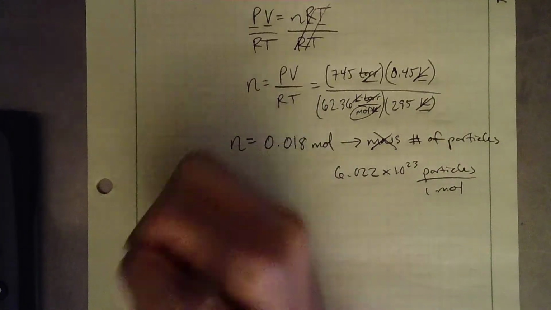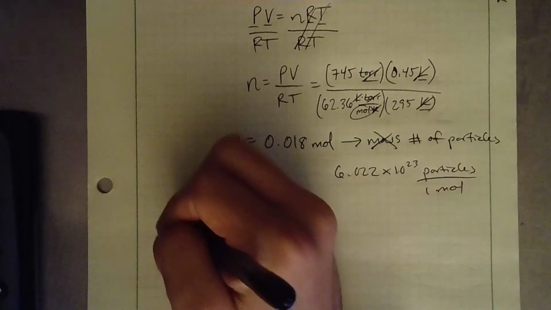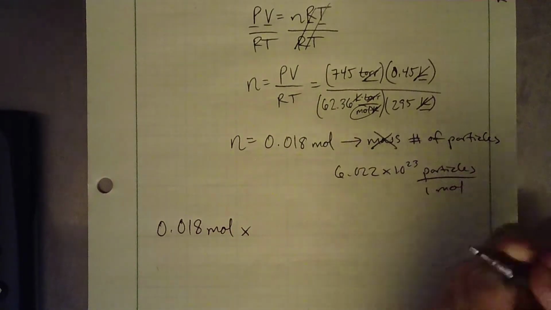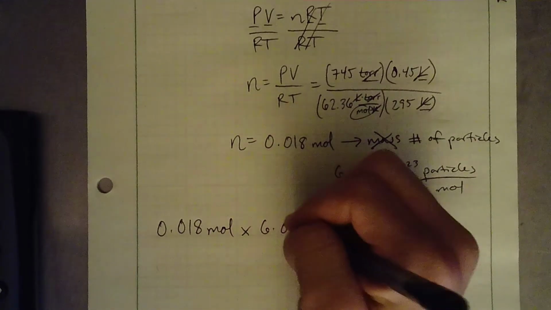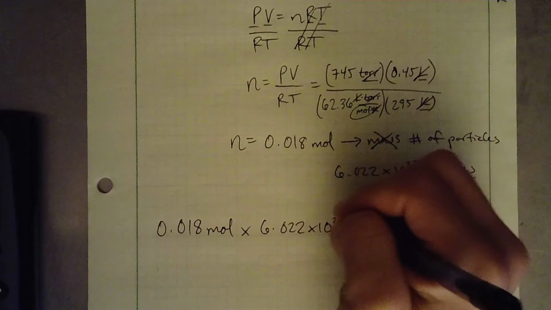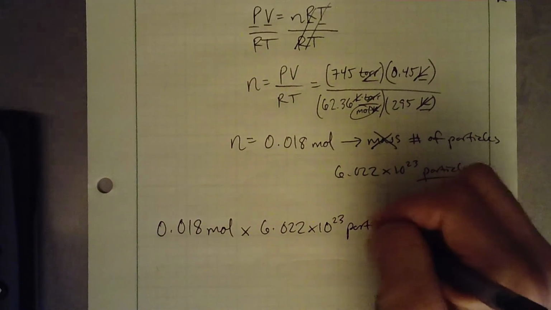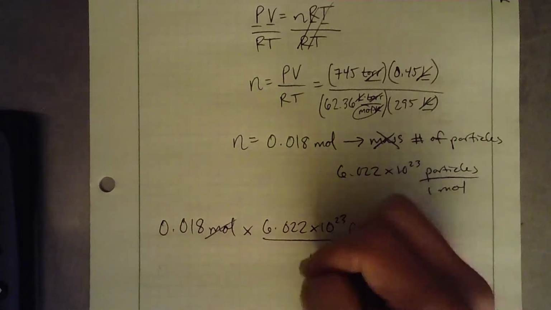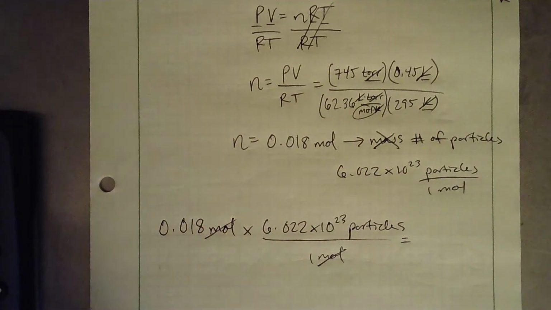So we're going to take that starting number of moles and multiply it by Avogadro's number. We want these units to cancel, and this is going to give us our number of particles.